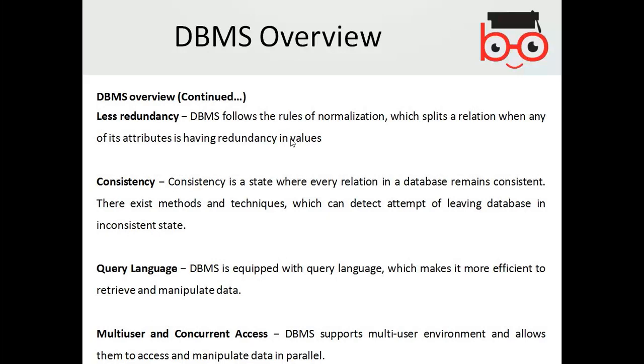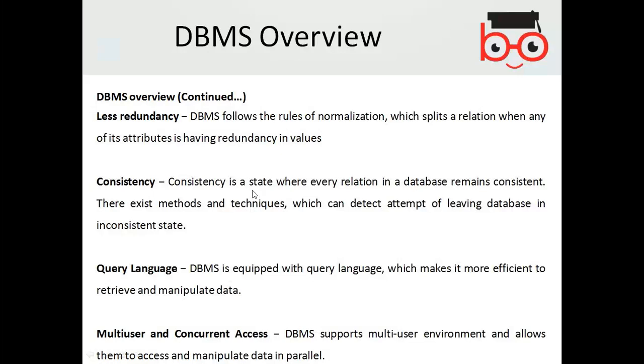When you have data available in more than one table, then possibly you might be repeating the data in the same tables and in different tables. So using the database management system, it allows you to reduce the redundancy in the data using normalization techniques.